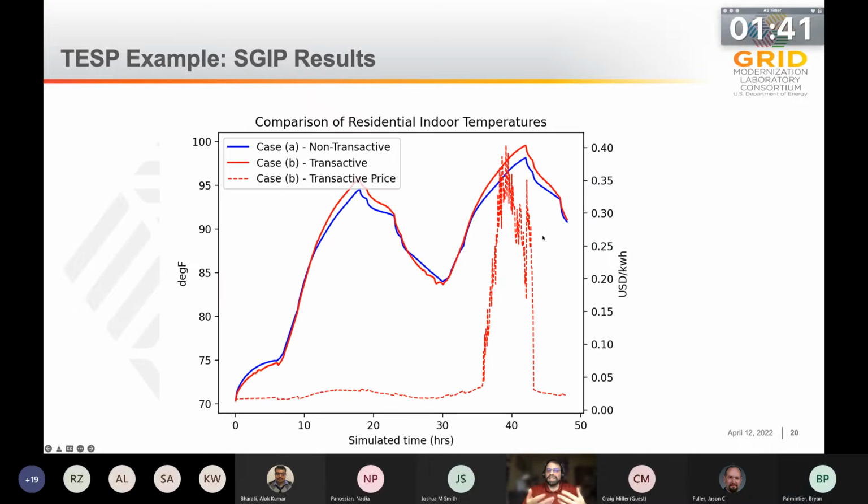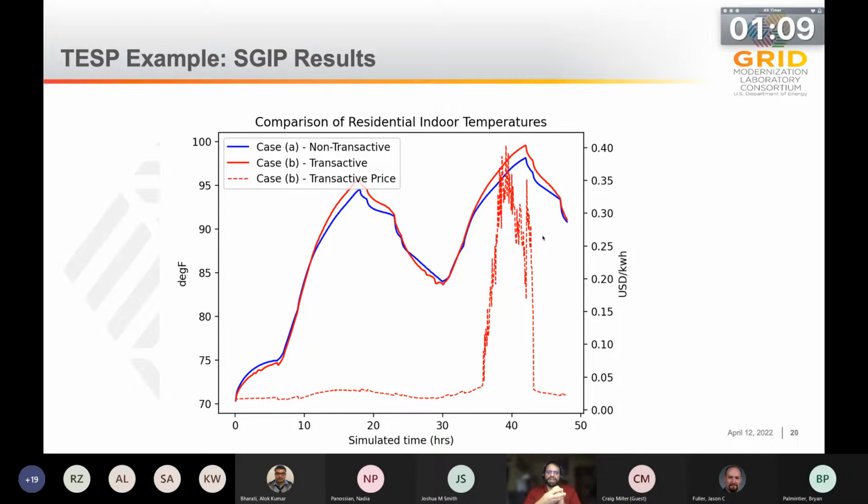So just as an example to show this transactive energy idea, here's one of the analyses we did several years ago. It's a classic one, again using that mechanism I was talking about. Here we see indoor air temperature, probably averaged over several hundred houses. And on the right-hand side, you see the price signal, the dotted line.